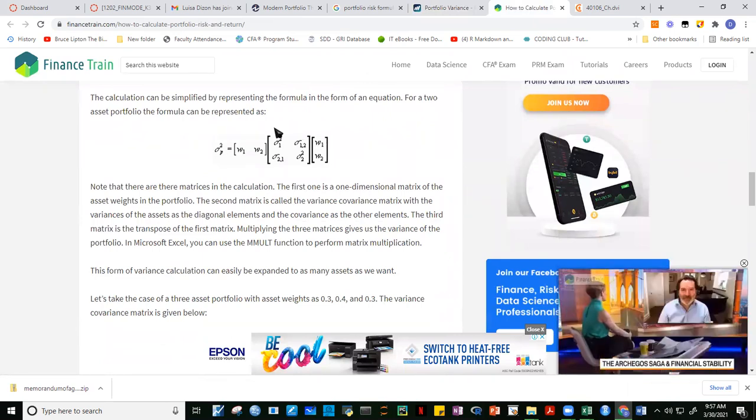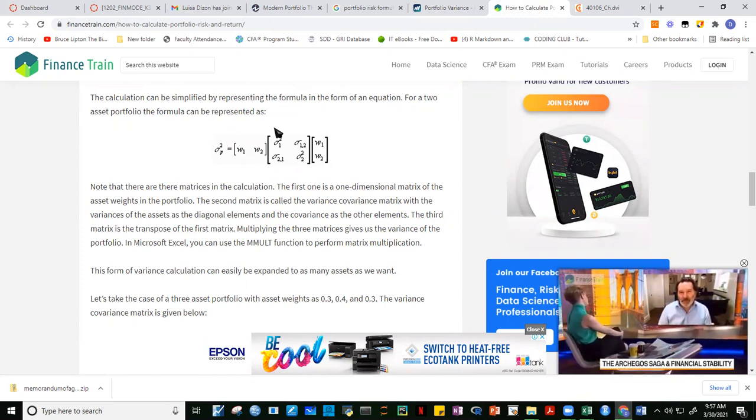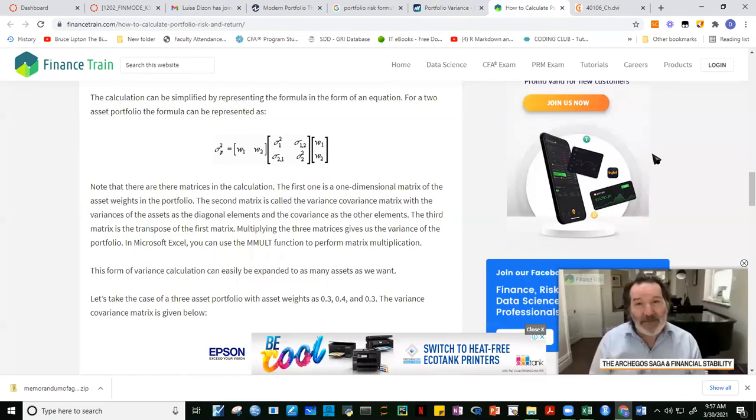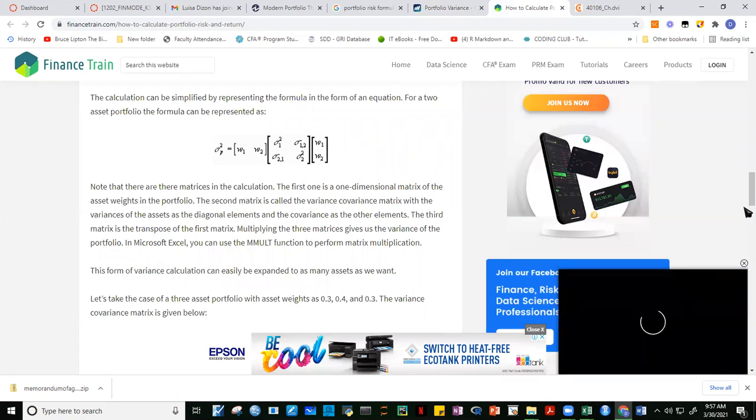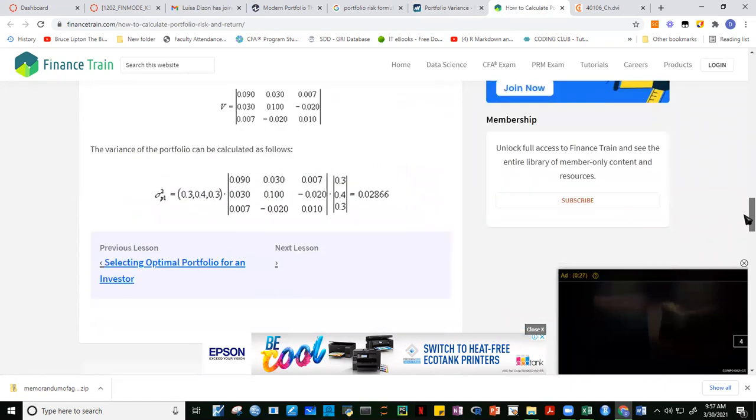Mas madali siya kung matrix, kasi yung ginawa natin kanina, masyadong mahaba kung i-manual natin. So the shortcut is really this one: the W matrix times the variance covariance matrix times the W matrix. Just make sure that the matrices are multiplicable. Madali lang yan kung Excel, lalo mas madali sa R.